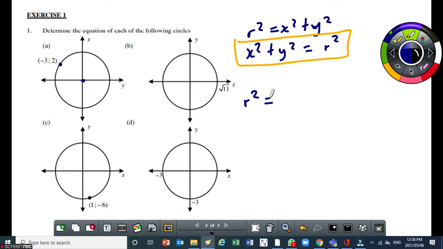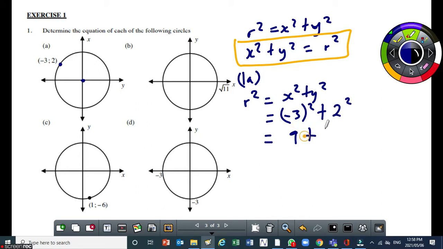So r squared is equal to x squared plus y squared. And our x there is minus 3. So I'm doing here question 1a. So it's (minus 3) squared plus y squared, which is 2 squared. So that will give me 9 plus 4, and you get 13. So this is equal to r squared.